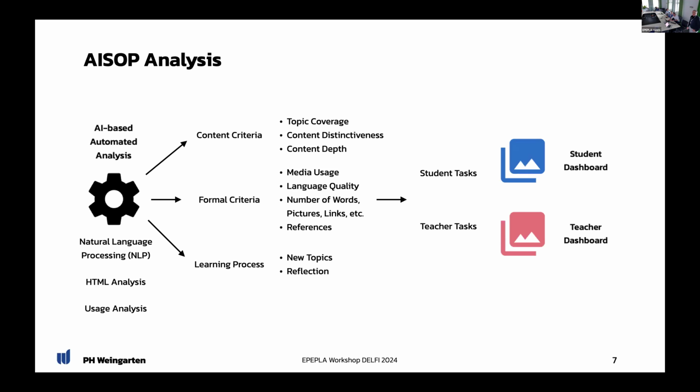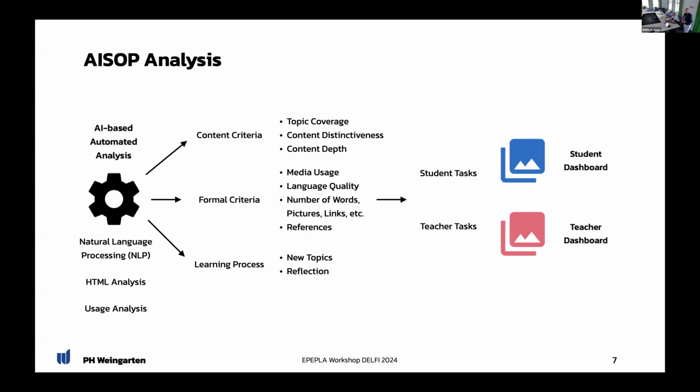Let me give an example, the topic coverage. Did the students cover all the topics from the seminar, which is a big question. With topic recognition, we can make visualizations that provide us with information about topic coverage. But they can also give us some information about topics that might not have been part of the seminars, like new topics, which is interesting concerning the learning progress.